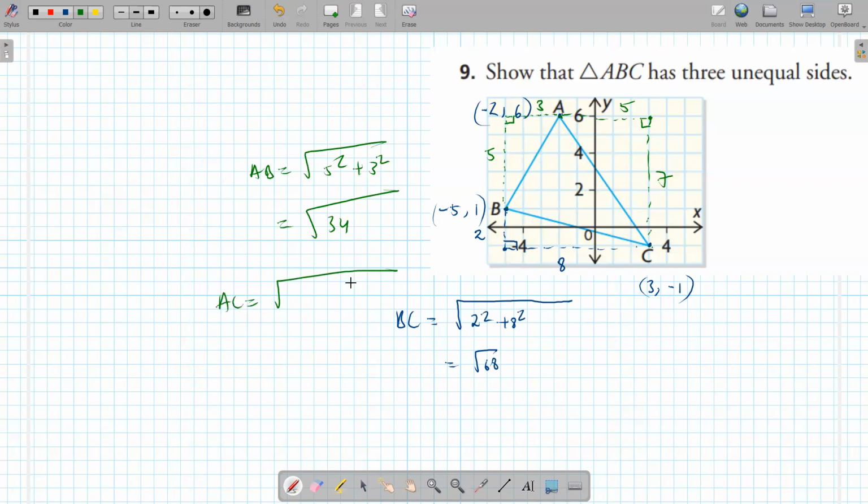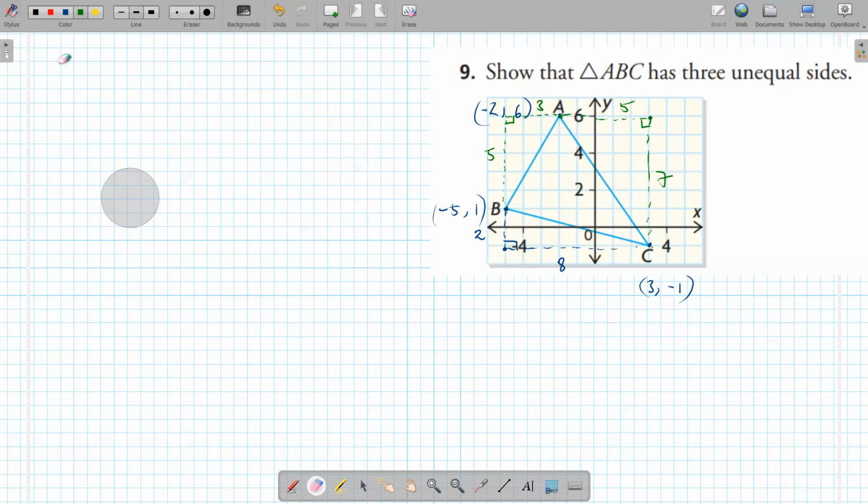AC is going to be the square root of 5 squared plus 7 squared, 49 plus 25. What's 49 plus 25? 74. Turns out none of them are equal. So we just turn this into a triangle. Easy as that.